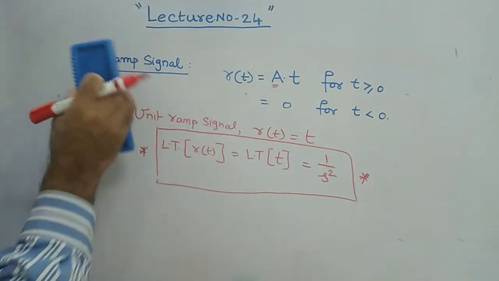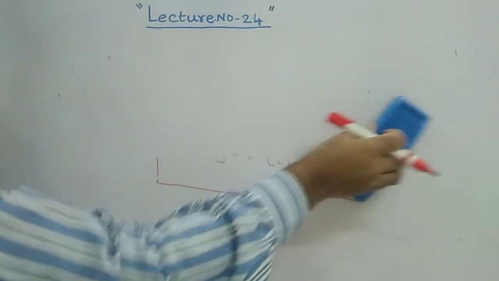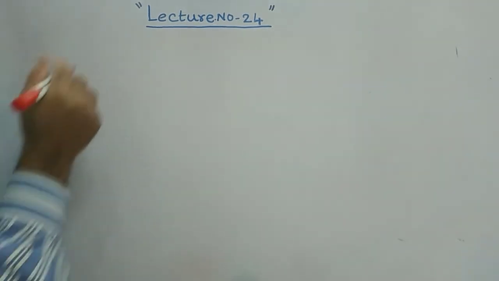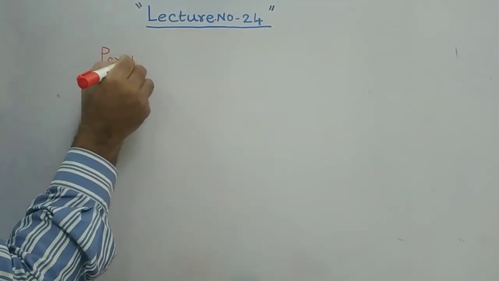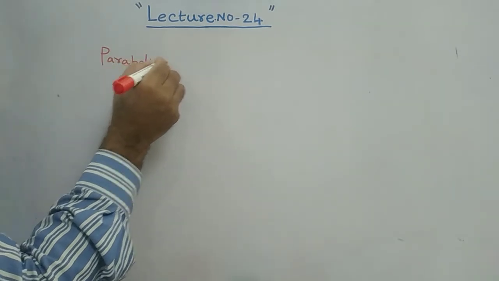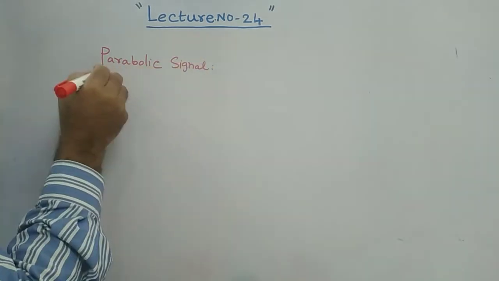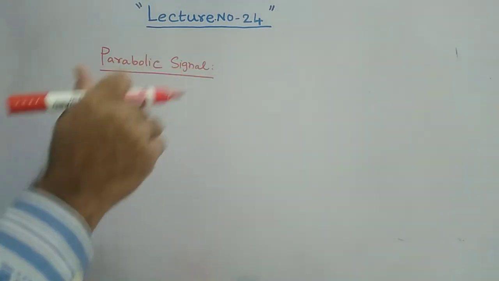Now see the third signal. The ramp signal is the second one, and the third one is the parabolic signal. What is a parabolic signal? It increases in a parabolic nature.